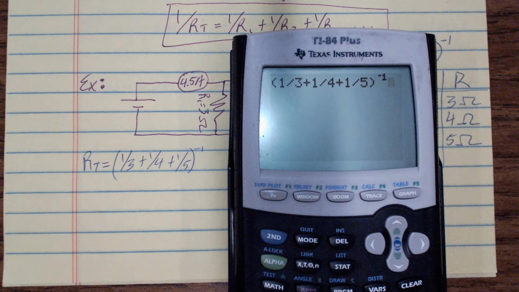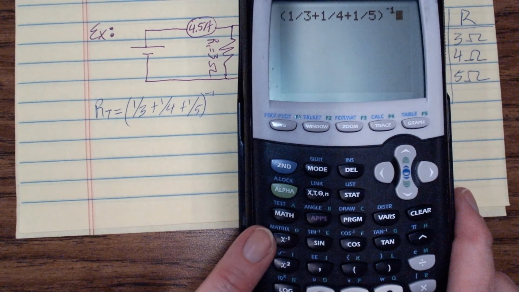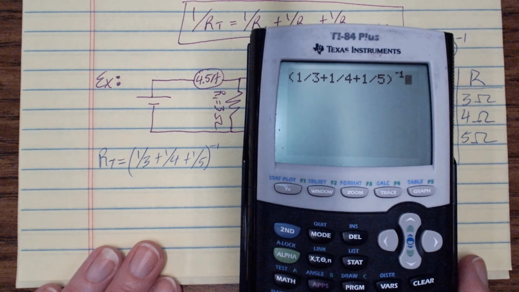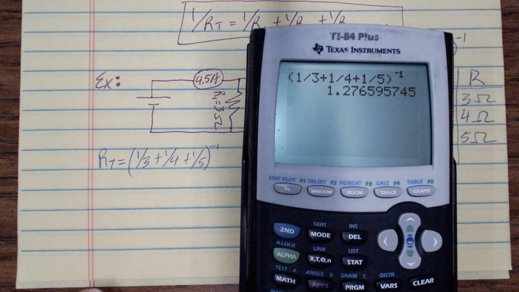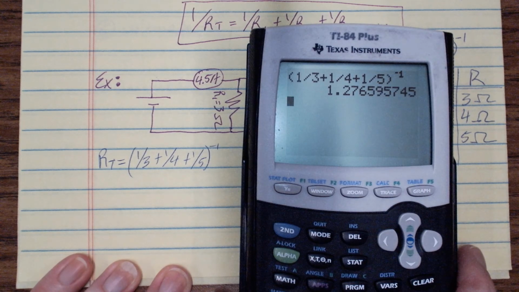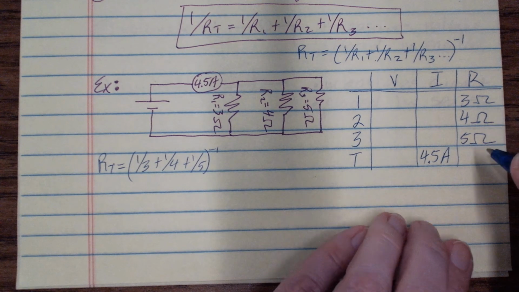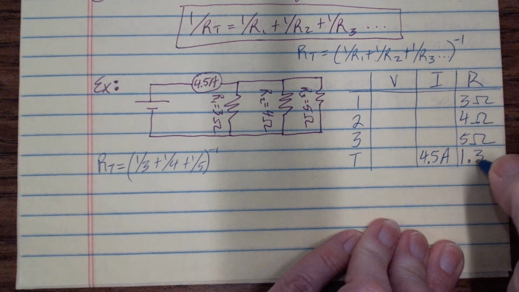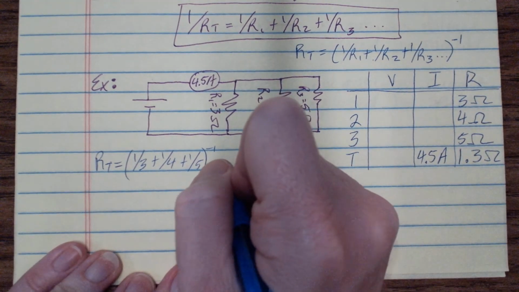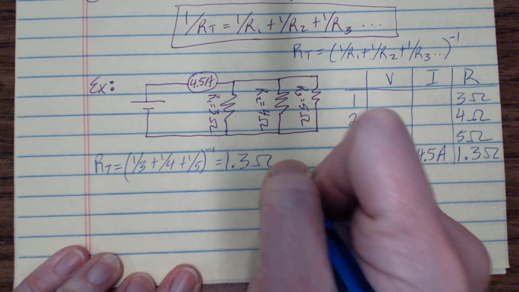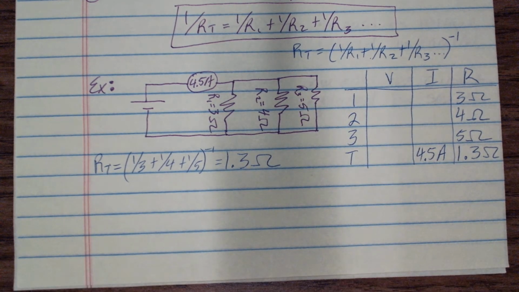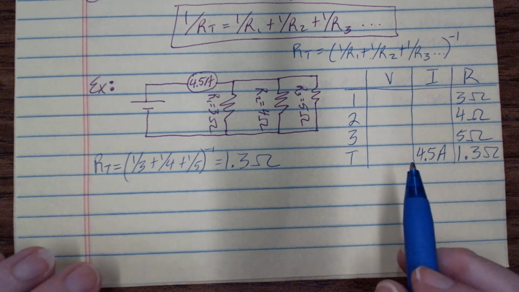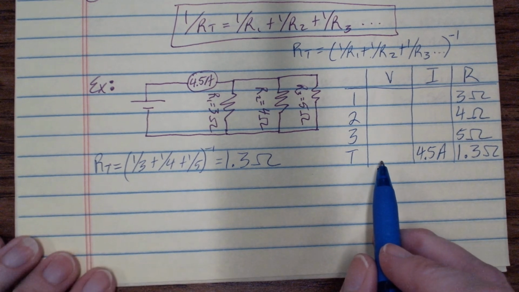This x to the negative 1 button. That's the button that I use, okay? And so that would give me 1.28. I'm going to cut that off at just one place past the decimal. Let's make that 1.3 ohms. I guess I could put that here. There we go. Okay.